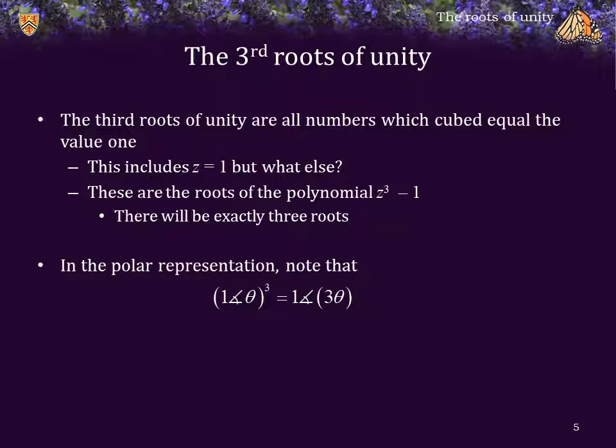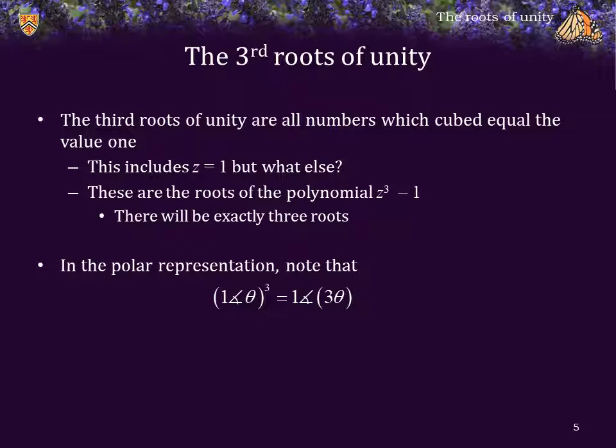The magnitude must equal 1 because the magnitude of r phase theta raised to the power 3 is r to the 3. The only positive value such that r cubed is equal to 1 is 1, and therefore the magnitude of any third root of unity must be 1.